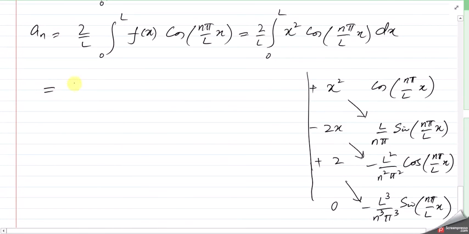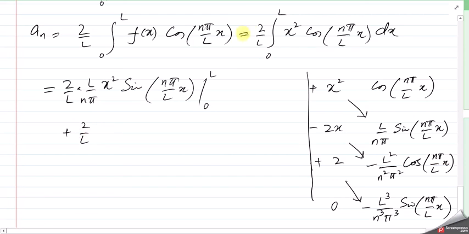So this will give 2 by L into L over n pi x square sine n pi by Lx, 0 to L, plus 2 by L again, and plus from here, multiply 2 L square, this is L square, this is L, n square pi square, so 2L square over n square pi square cos n pi by Lx, 0 to L, and the last one is minus 2 by L again.